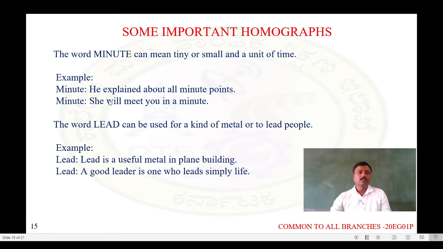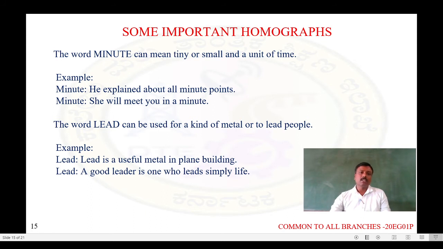In the second example, she will meet you in a minute. Here minute means a unit of time. So we can use these words in our conversation also. So I will see you in a minute, like this we use.